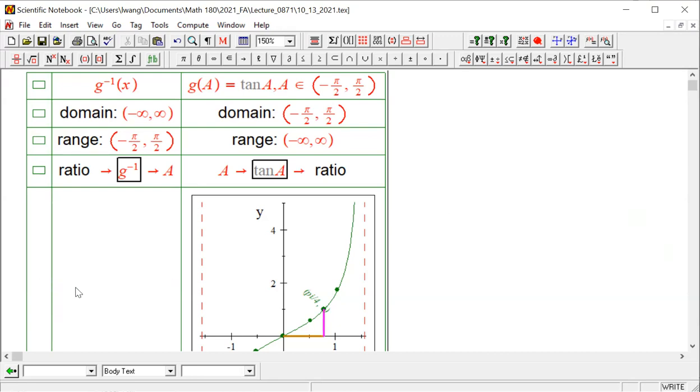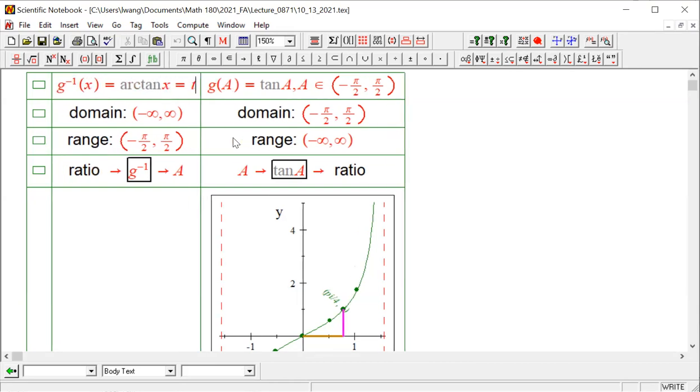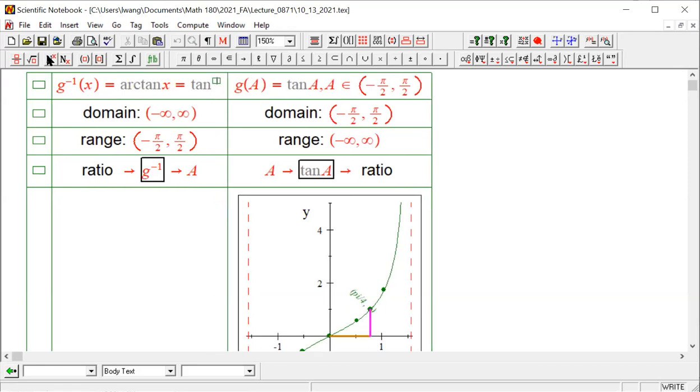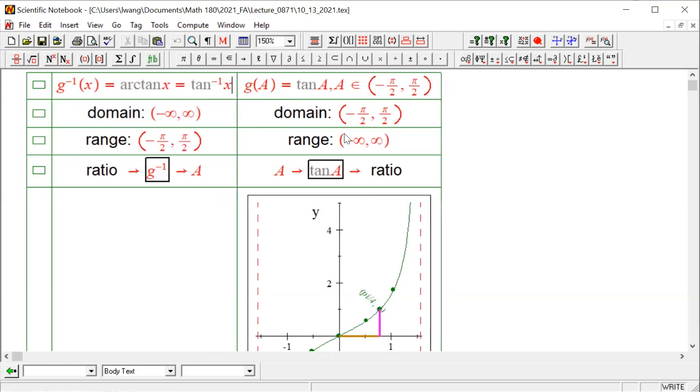So now the question is, what does the picture of arctangent look like? Now we can give it a name. There are two names for it, arctan or tangent inverse. These two notations mean the same thing, and they have the same domain and range. So how does that picture look?